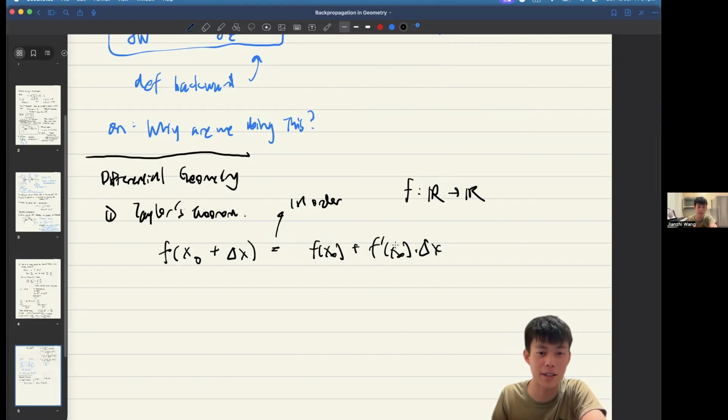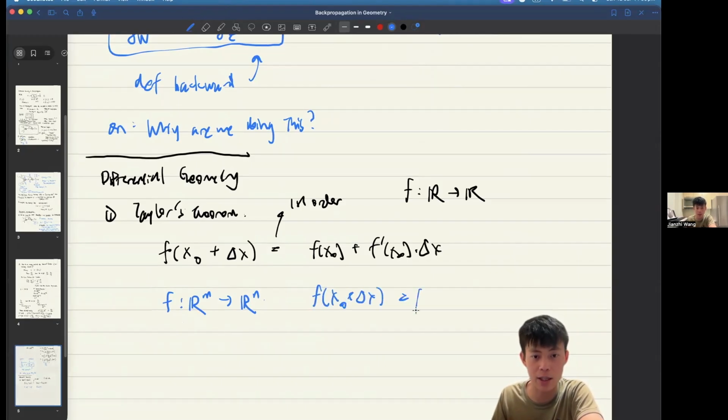And this makes sense. Now let's upgrade the difficulty. Let's say our f is a function from R^m to R^n. You'll say something like, sure, we learned that in multivariable calculus, right? So f(x0 plus delta x) is just f(x0) plus the Jacobian of the function at x0, J_f(x0), times delta x.